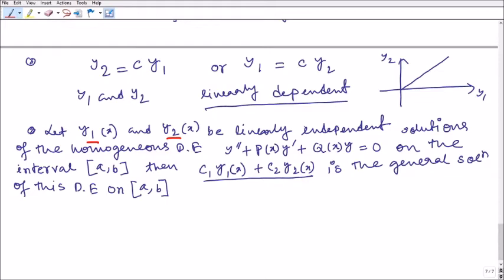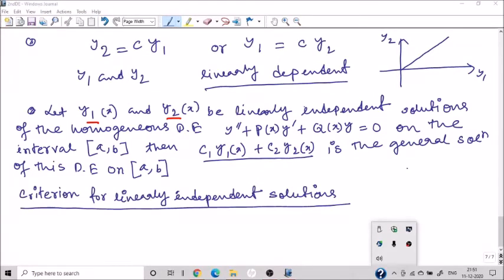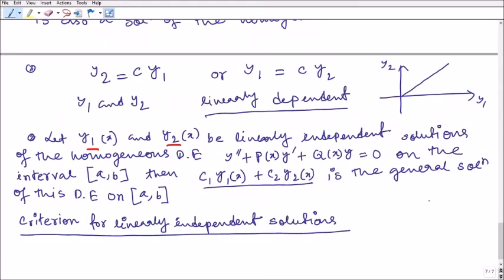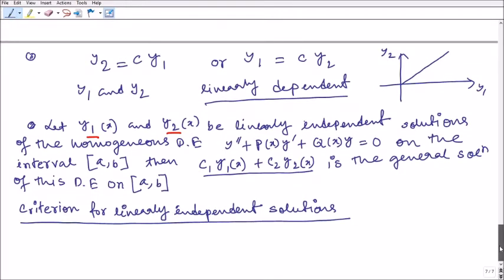Now we have to find out the criteria or the condition for which these two solutions y1 and y2 are linearly independent of each other. Now we will discuss the criteria for linearly independent solutions.